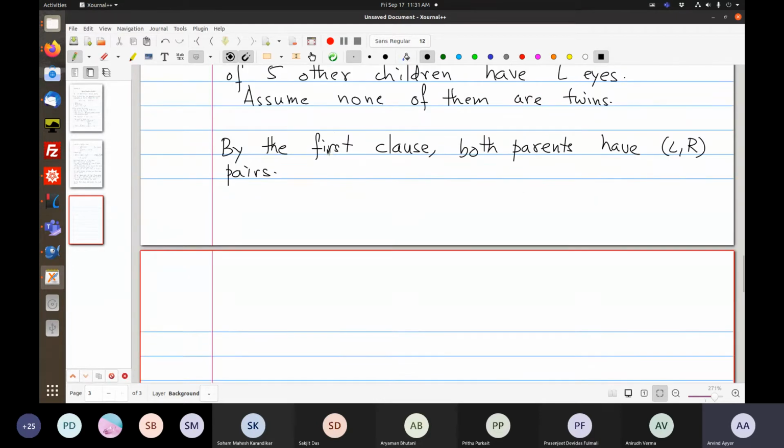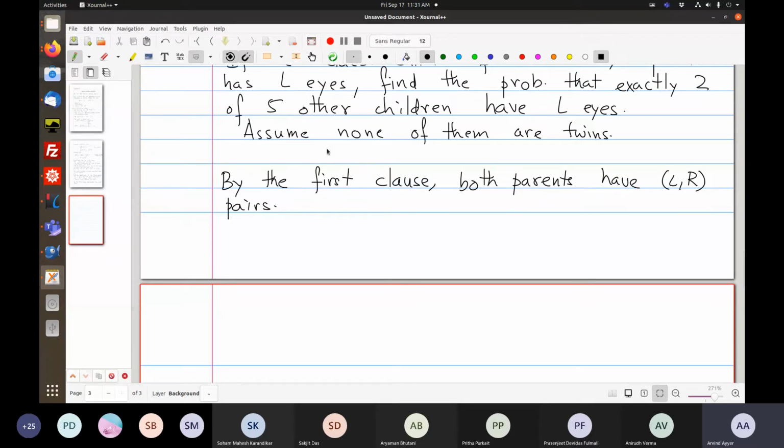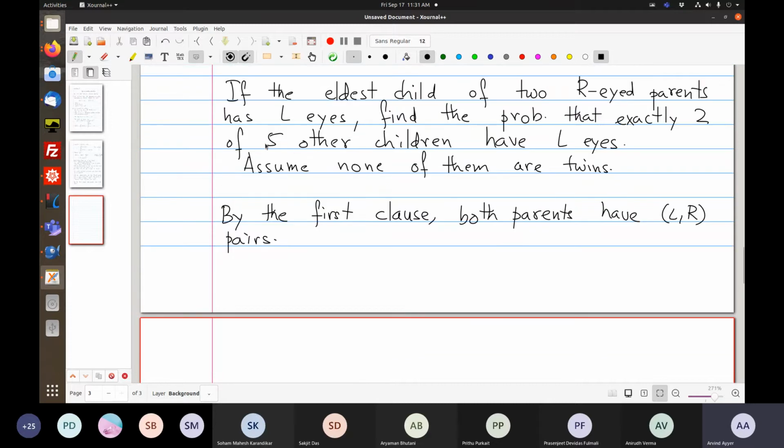We have to determine the parameters. n is 5 because the question involves five other children, and we are talking about 2 having something. The binomial random variable has 2 parameters, n and p. So what is p?